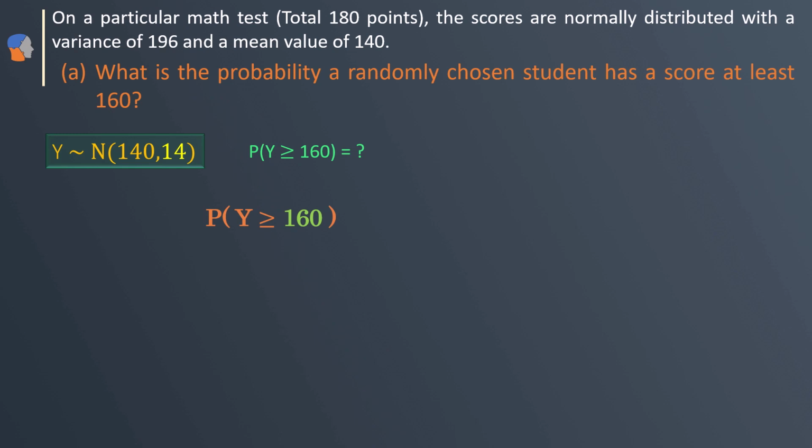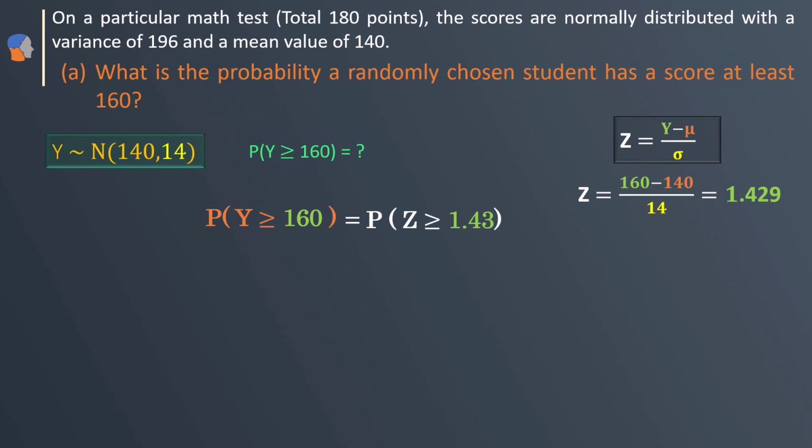Then we need to convert to z. How do we convert to z? Using the (y minus mu) over sigma formula. Here y value is 160, mu is 140, and sigma is 14. Therefore, the corresponding z value of 160 is 1.43.